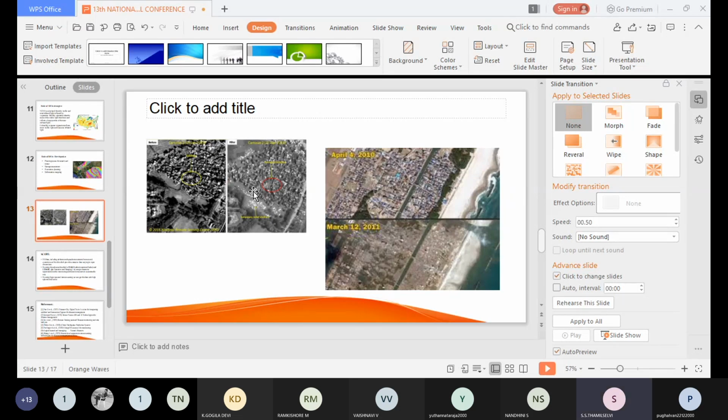How have you identified that this is the portion where drought has affected or cyclone has affected? What is the condition? Which condition have you kept as a threshold to detect this?